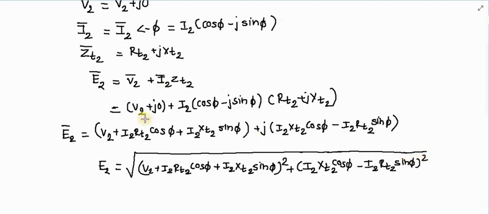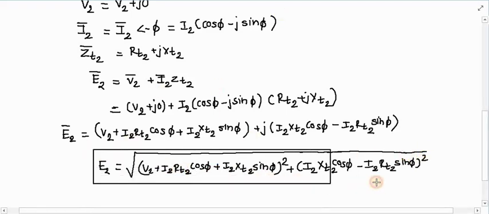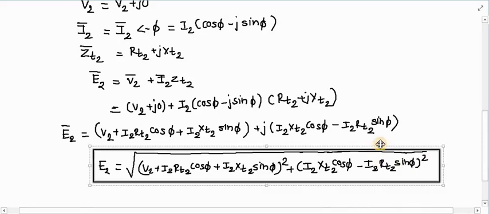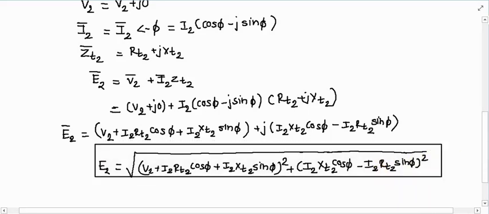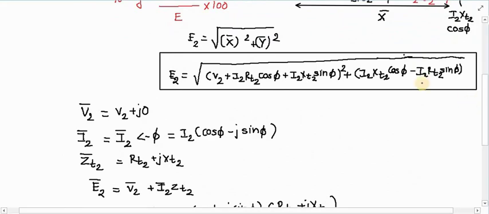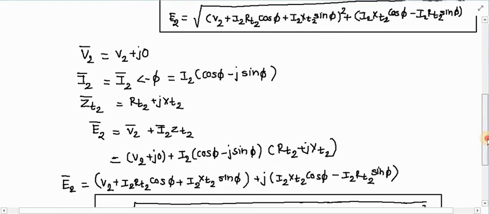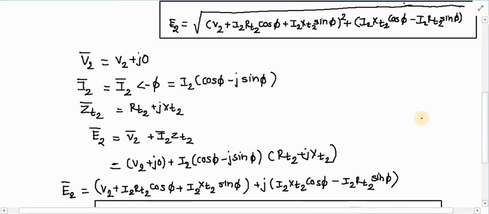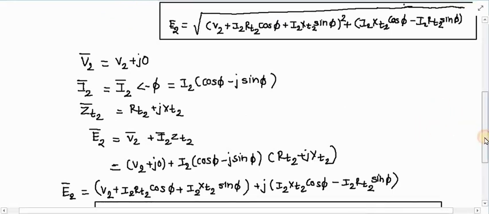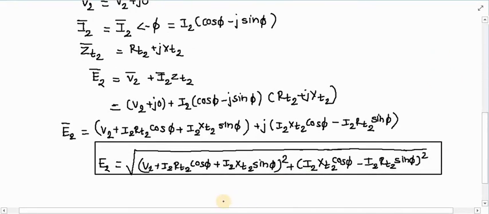So this equation and the equation for E2 that we got from the phasor diagram, both equations are the same. You can check it. See, both equations are the same.